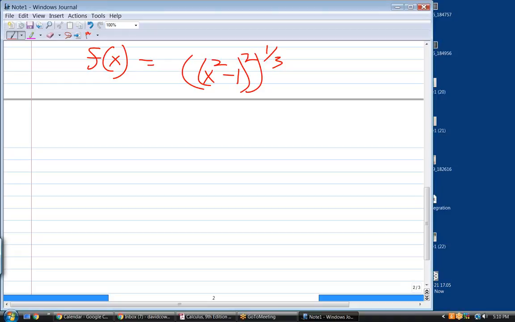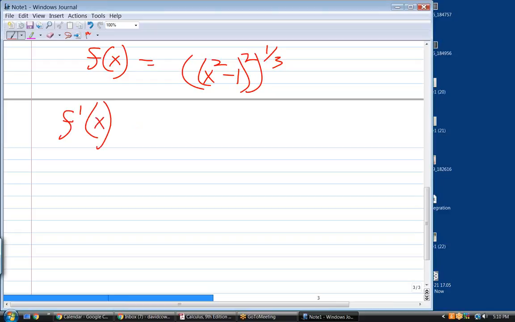Yeah. And the reason I wrote it as a fractional exponent to the 1/3 is because when you're doing calculus, it always makes sense to do that. Radical signs don't help you since you're always using the power rule and stuff like that. Then we have to find where f of x has a horizontal tangent and where it has a vertical tangent.